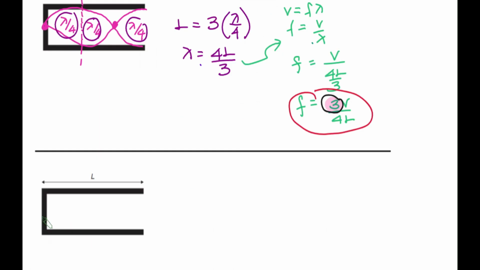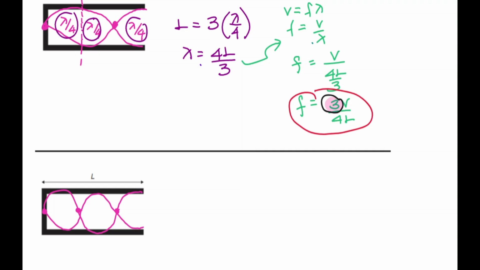The next possible harmonic is that we're just going to add an extra node compared to before. We already have a node here, so now we're just going to add a node somewhere here. If we draw our wave, the standing wave in the pipe looks like this.